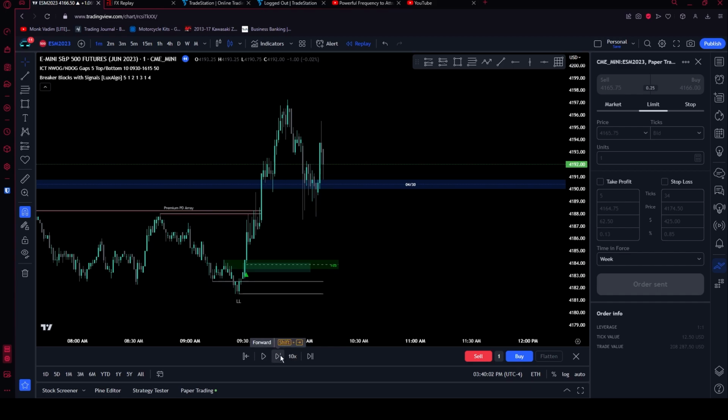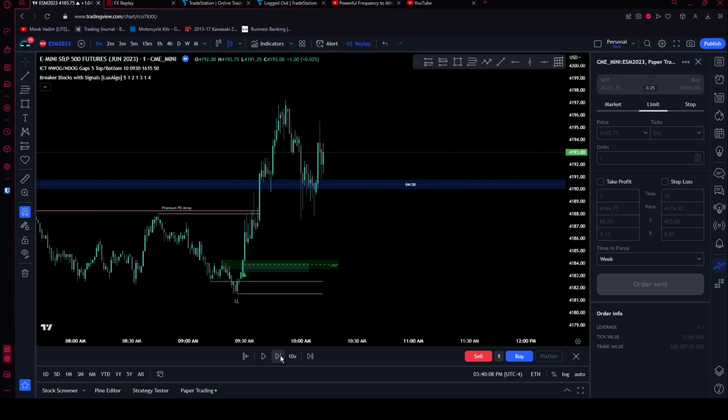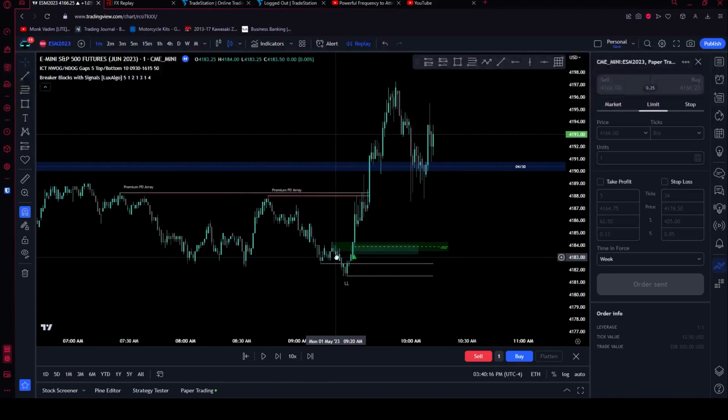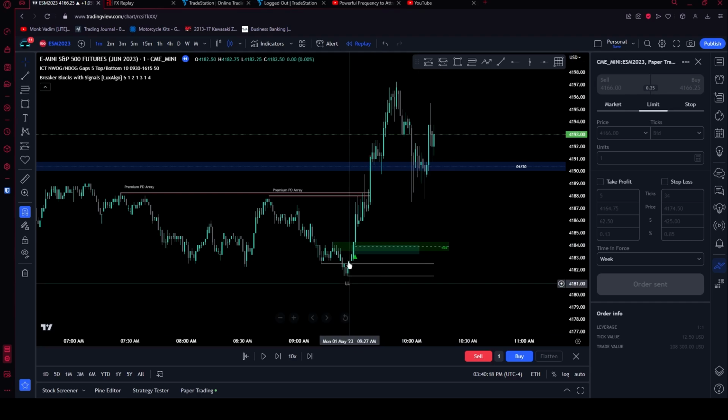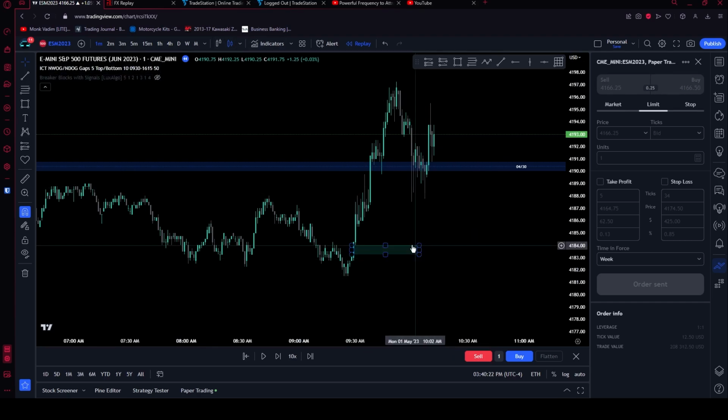When a new one forms, there's a good chance the old one's no longer good. It's not always right, and it doesn't always pick the correct breaker block. But my point I was going to make from the beginning of the video, with it just drawing this breaker block here: if I get rid of that, where's the breaker block?